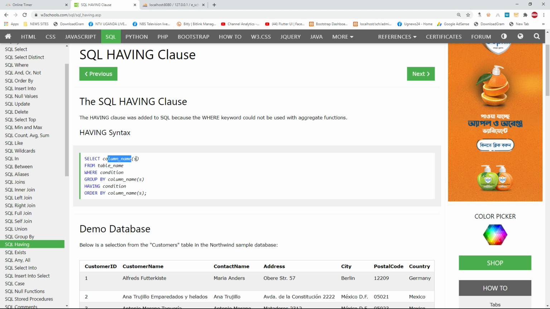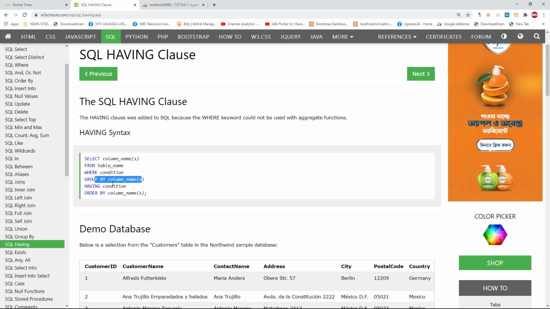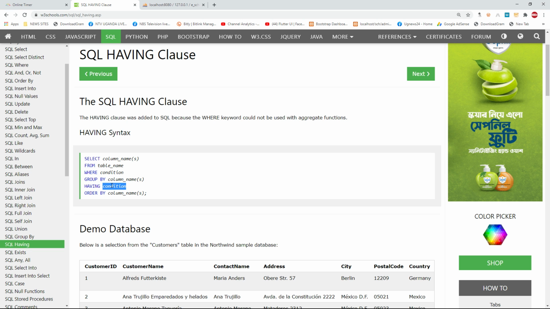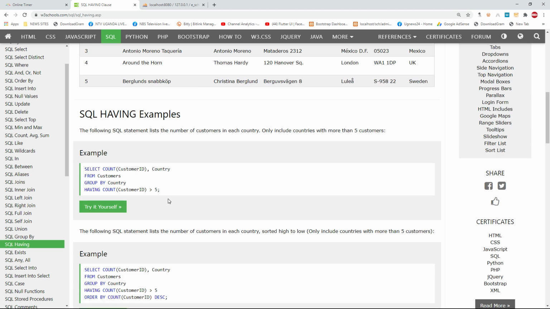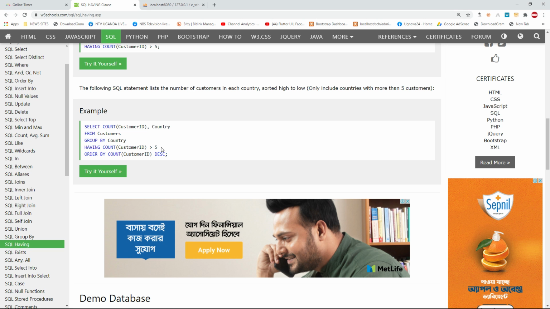Select, then you specify the columns that you want to select, then you specify the table and the condition, and then in case you group, you can group, and then you give a condition with having, and then, for example, an order by, in case you want to. For example, having count greater than 5, then it will return the results whose counts are greater than 5, customer IDs which are greater than 5.